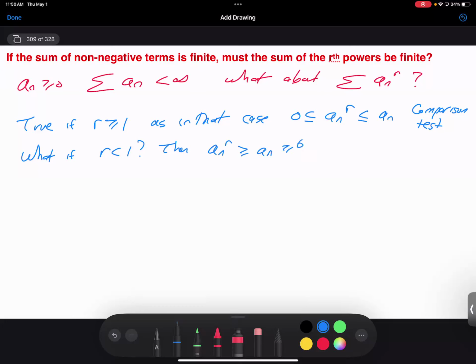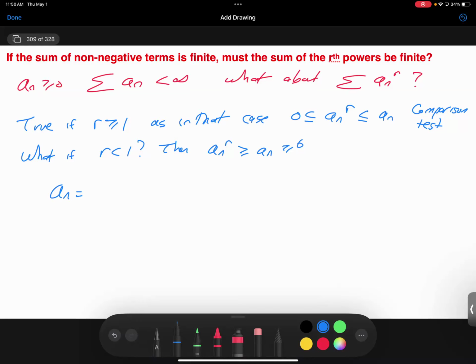So at this point now, we either have to prove that it's always going to be finite, or you have to give me one sequence where it's not. I mean, we can just take a_n to be 1 over n squared, and then r to be 1/2. Okay, so that would be a specific value of r. Can you do any value of r less than 1?